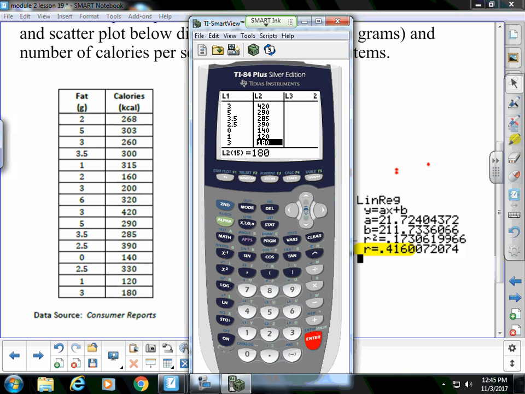And 3 is with 180. Okay. That should fix it, make it sound a lot better.